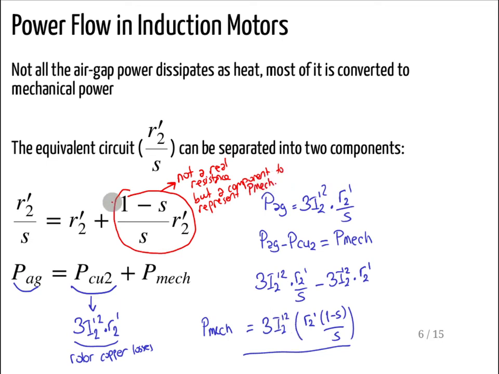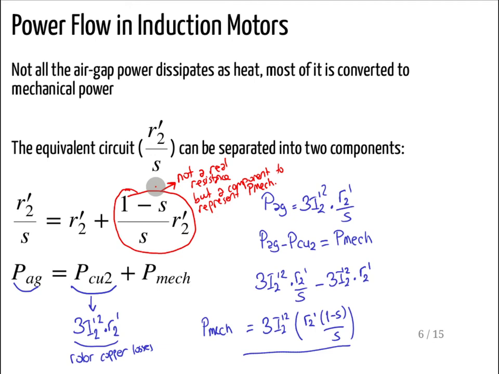We did similar things, for example, in core losses: that resistance is not a real resistance that you can measure with your multimeter, but a component to represent the core losses. Or in synchronous machines, we show an EF, but EF is not actually an AC voltage source, it is the link between the electrical system and the mechanical system.